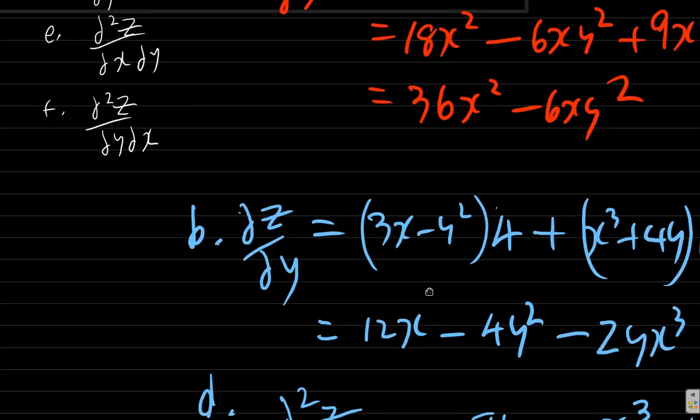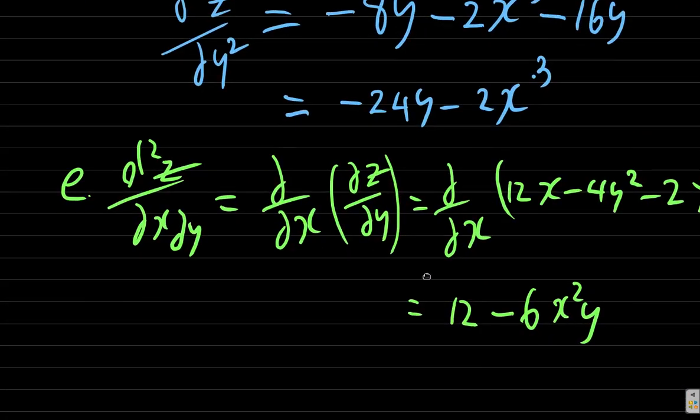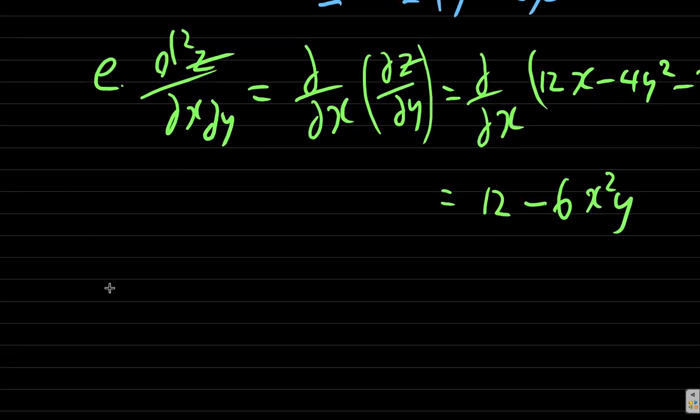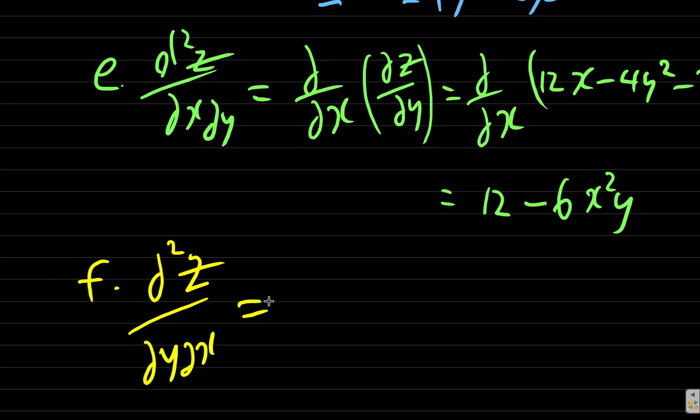Then F, now, delta square z by delta y delta x. F, delta square z by delta y delta x equal.